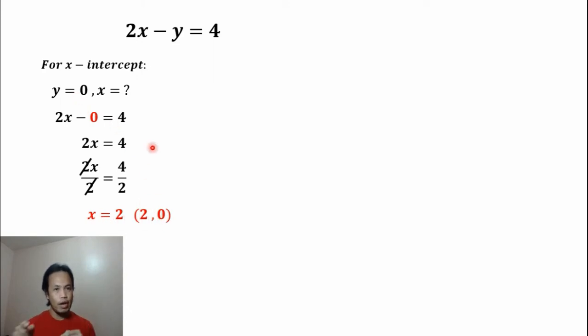So this is (2, 0). This is now the first point we need to plot the graph of this equation. As you can see, that is (2, 0). This point is located at the x-axis. This is what we call the x-intercept.